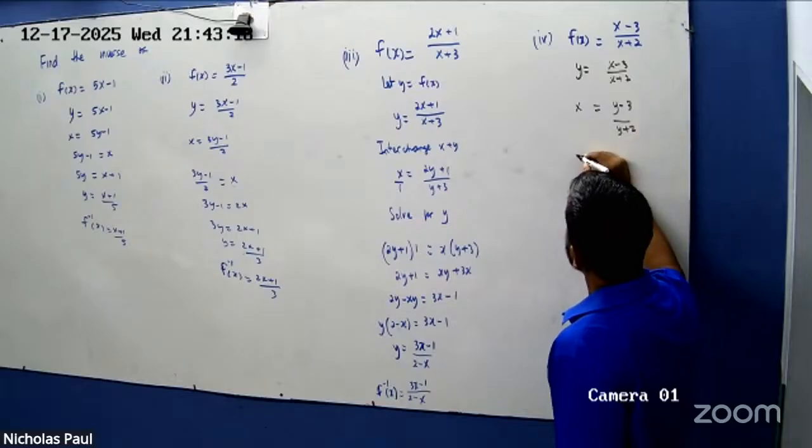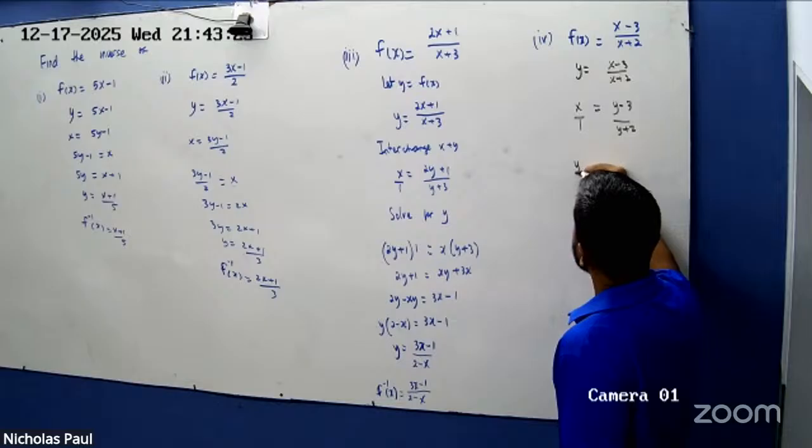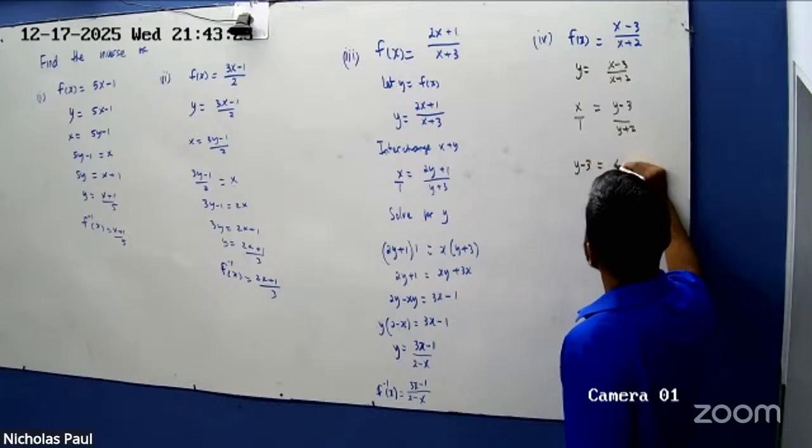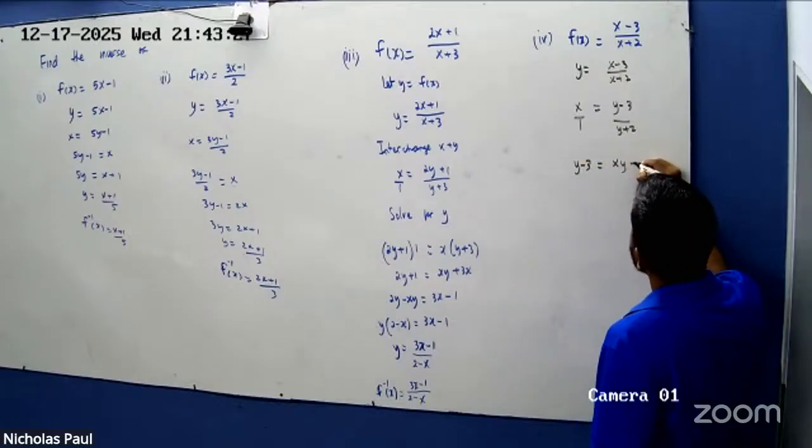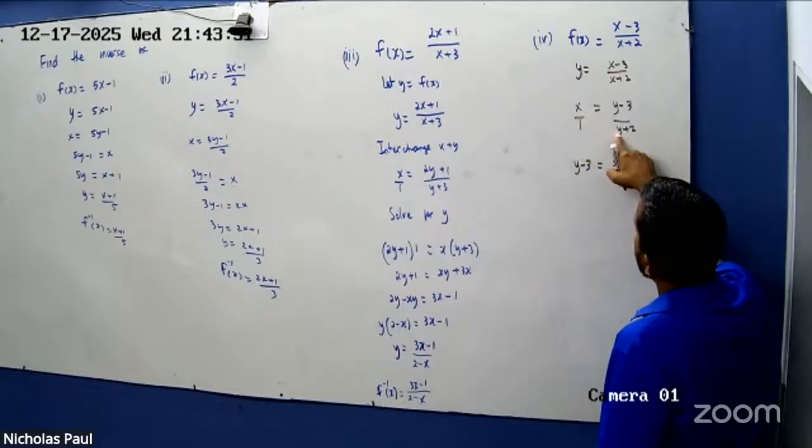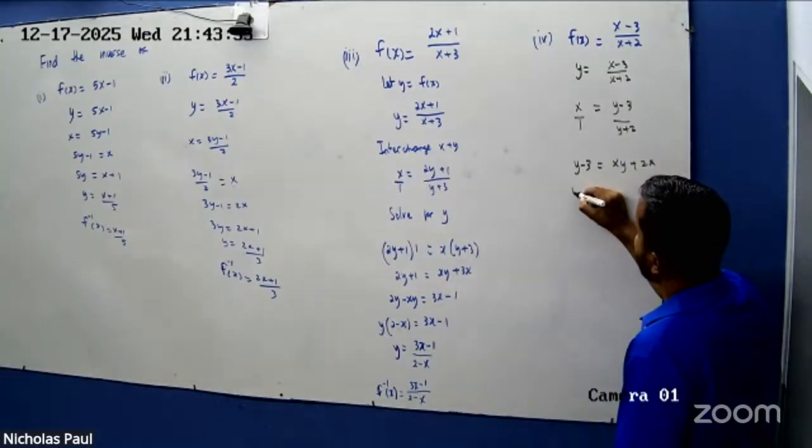And lastly, we solve for y. So to solve for y, I will cross multiply one time. y minus 3 is xy plus x by 2. Bring the y on this side.